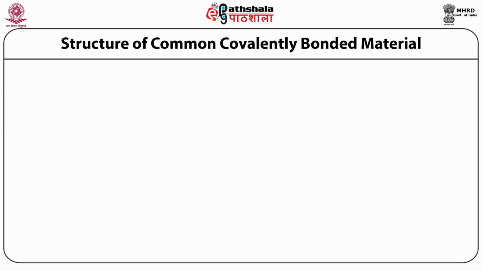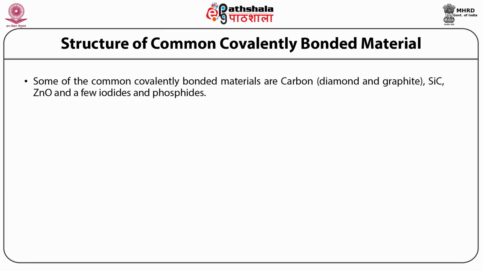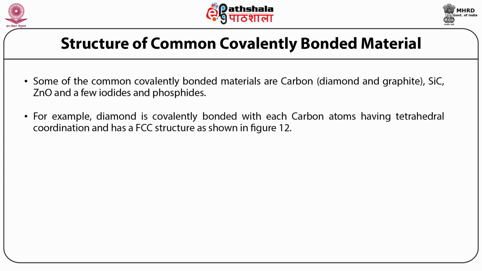Structure of common covalently bonded materials. Some of the common covalently bonded materials are carbon, that is diamond and graphite, silicon carbide, zinc oxide, and a few iodides and phosphides. For example, diamond is covalently bonded with each carbon atom having tetrahedral coordination and has an FCC structure as shown in the figure.